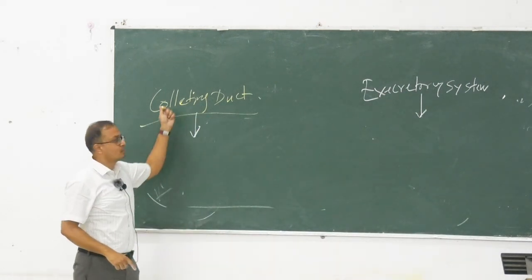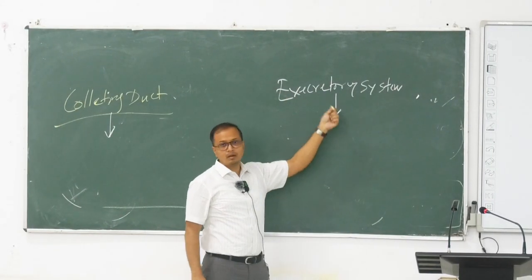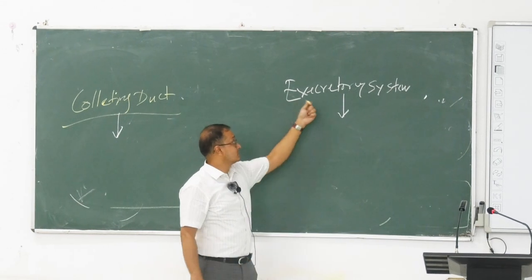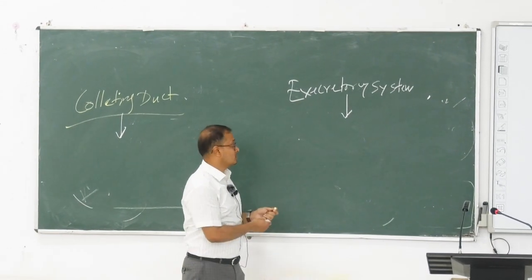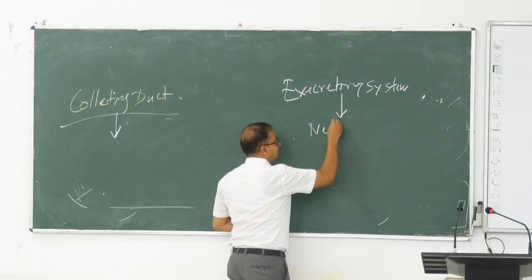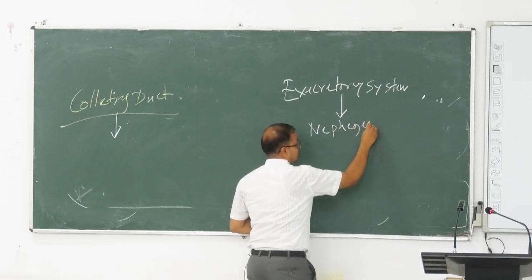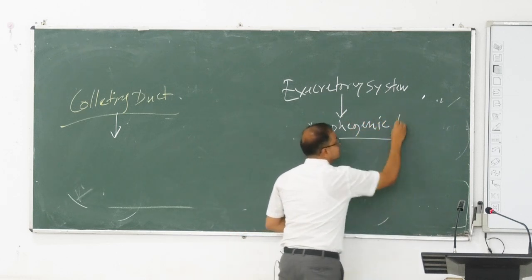The collecting part of the adult kidney develops from a different source than the excretory part. The excretory part develops from the nephrogenic tissue.